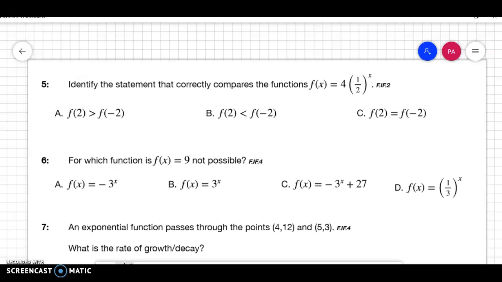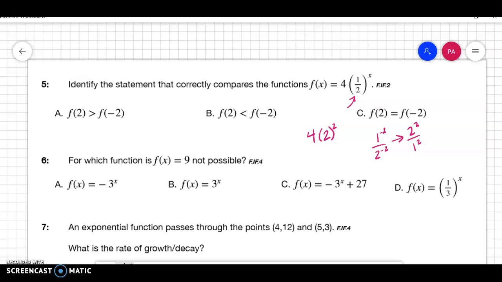Here in this one, basically plug in 2 and negative 2. If it's a negative 2, remember that's going to flip that. So it's going to really be 4 times 2 squared, essentially. Because of a negative exponent, 1 to the negative 2, 2 to the negative 2, so it's really 2 squared over 1 squared, which is 2 squared.